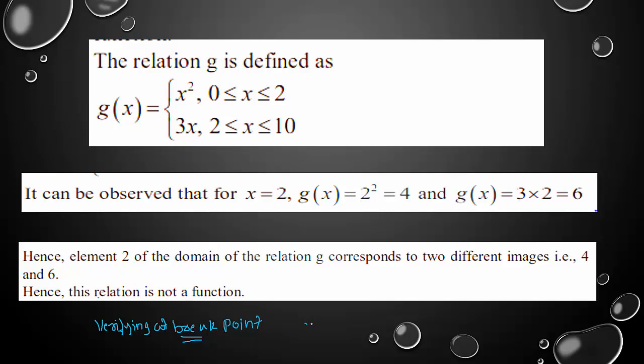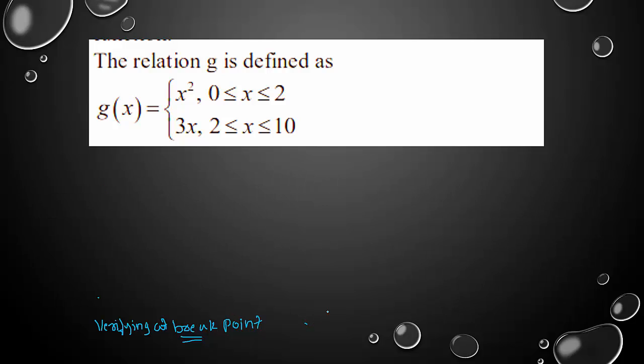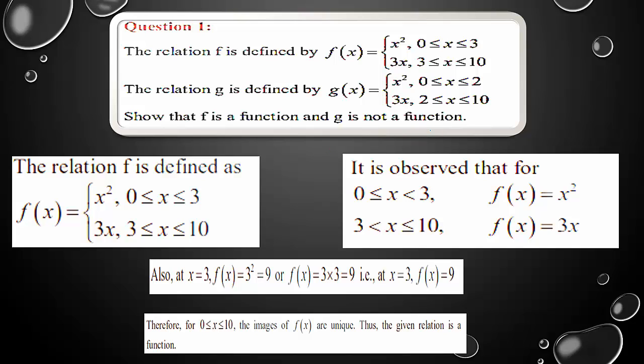In the f of x, you can see 3 is the breakpoint. In the g of x, 2 is the breakpoint. You put 3 in the f of x and check whether the output is unique or not.